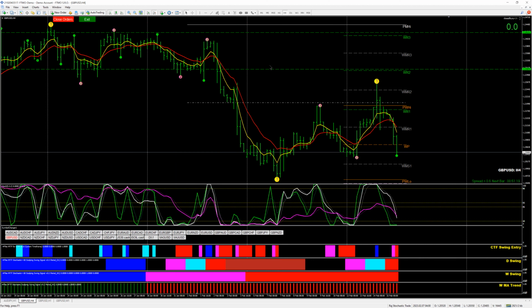I still didn't violate any of the parameters, right? So like the first entry here, 100 pip drawdown on 5 lots is $5,000, well within my $10,000 daily, right?